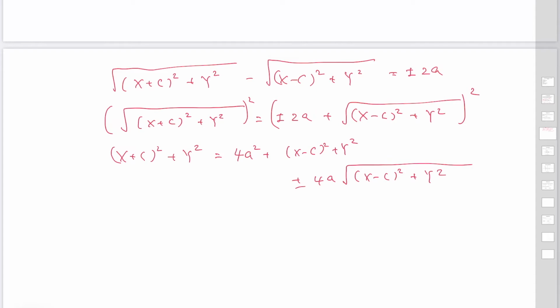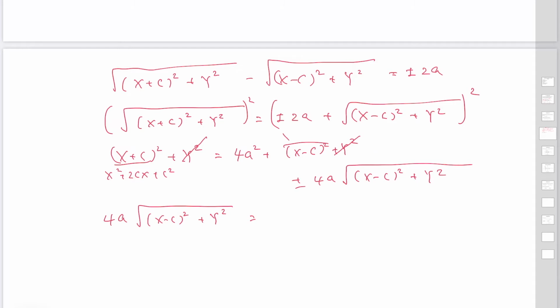Then y squared is going to be cancelled, and x squared and c squared are also cancelled out. So it becomes 4a times the square root of (x minus c) squared plus y squared equal, so this part is x squared plus 2cx plus c squared.